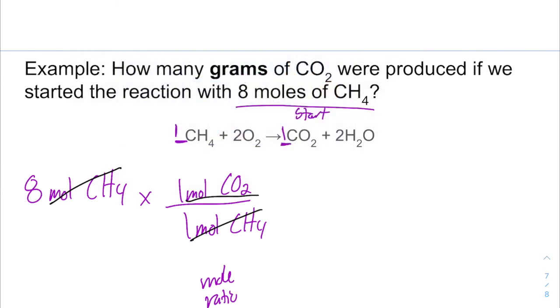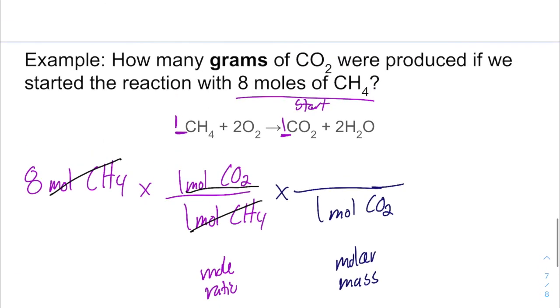How can we get from moles of CO2 to mass of CO2? We can go ahead and do 1 mole of CO2. So if we use molar mass, get that from the periodic table, this will be the mass of C plus 2 times the mass of oxygen.